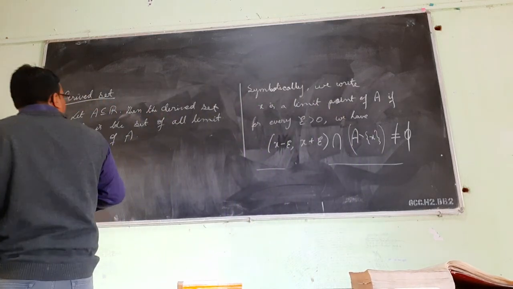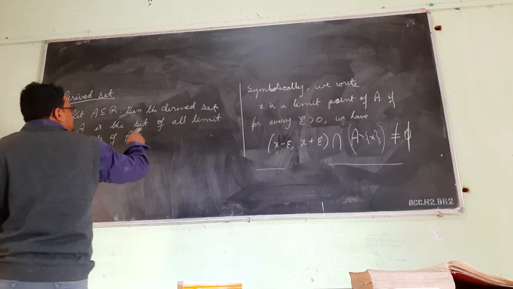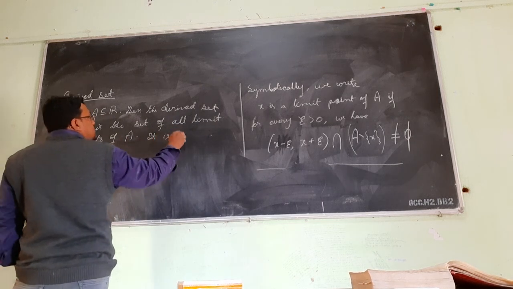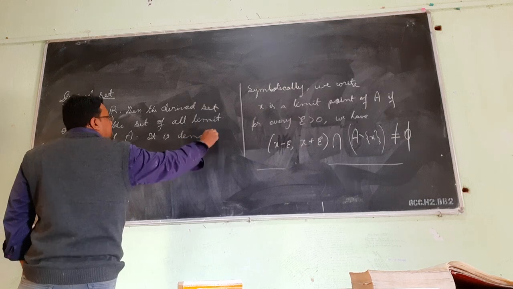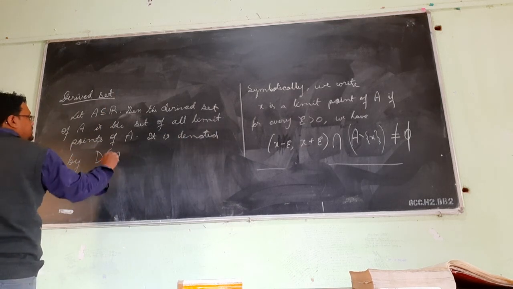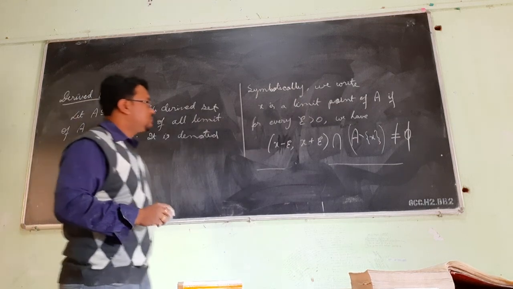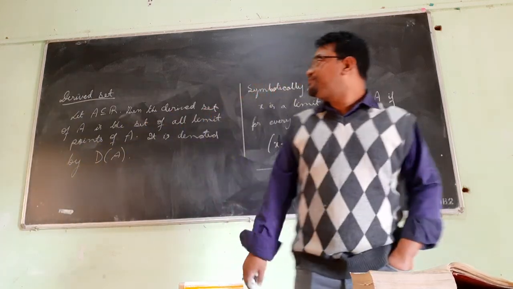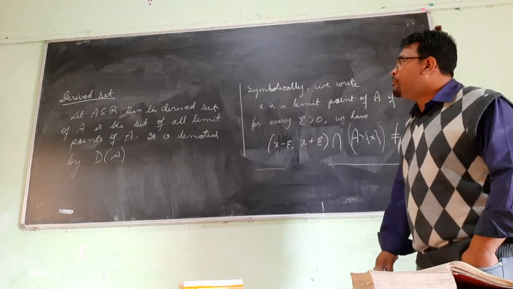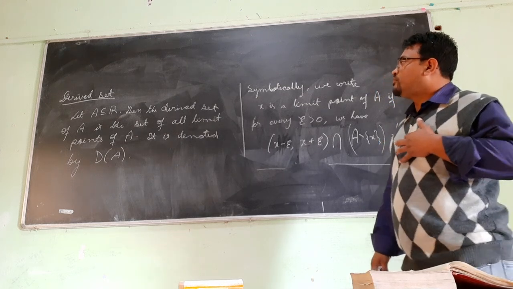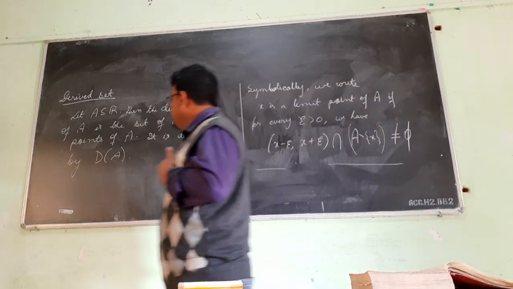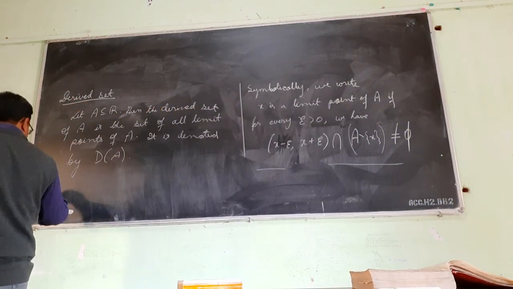It is denoted by D(A). So the set of all limit points of capital A is called the derived set of A.